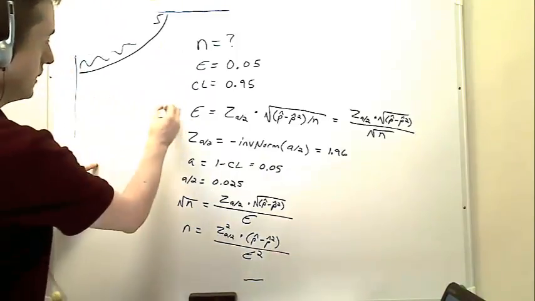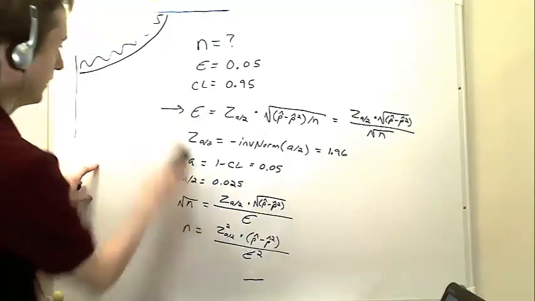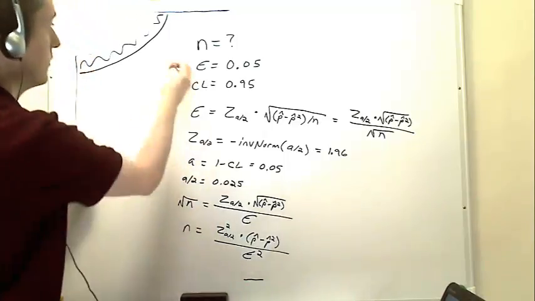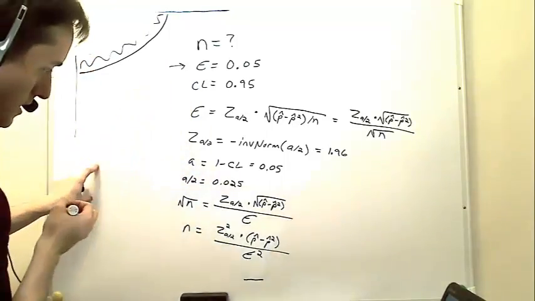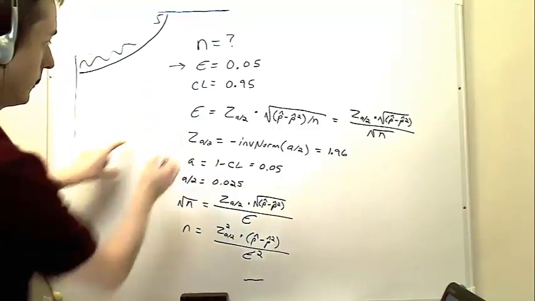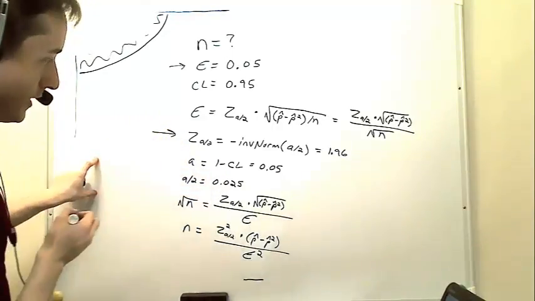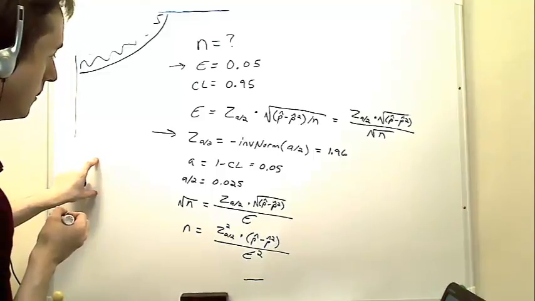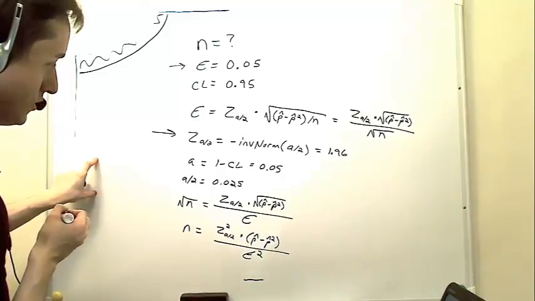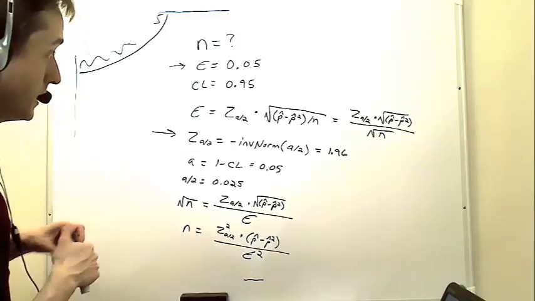We know what E is from there. We found our critical value there. We just need to find p hat.